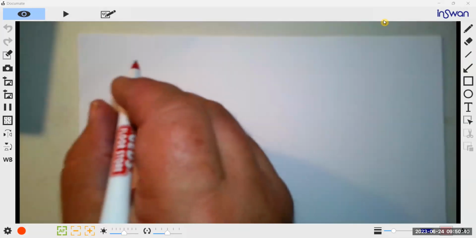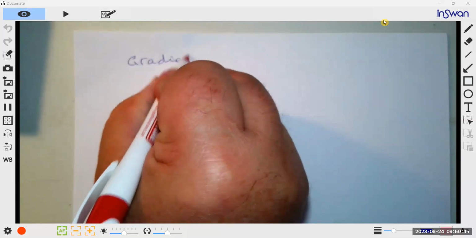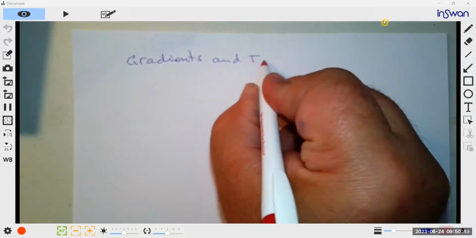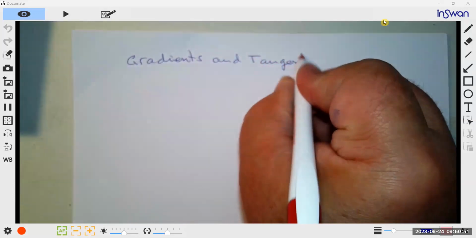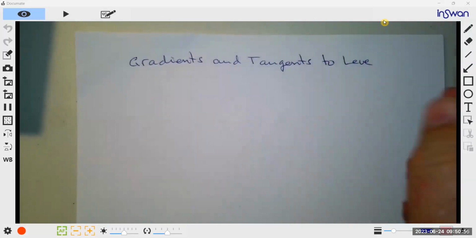Let's see. Gradients and tangents to level curves.